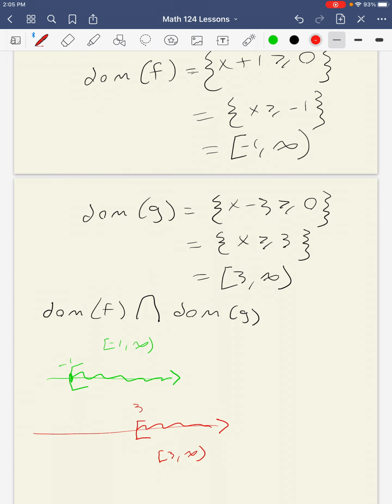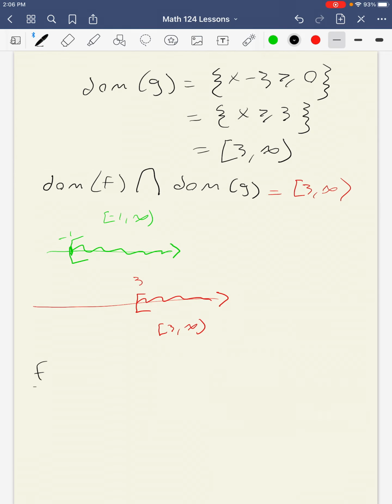So what's the overlap? Well, this is the overlap. 3 to infinity is included in both of these pictures. So that's the overlap.